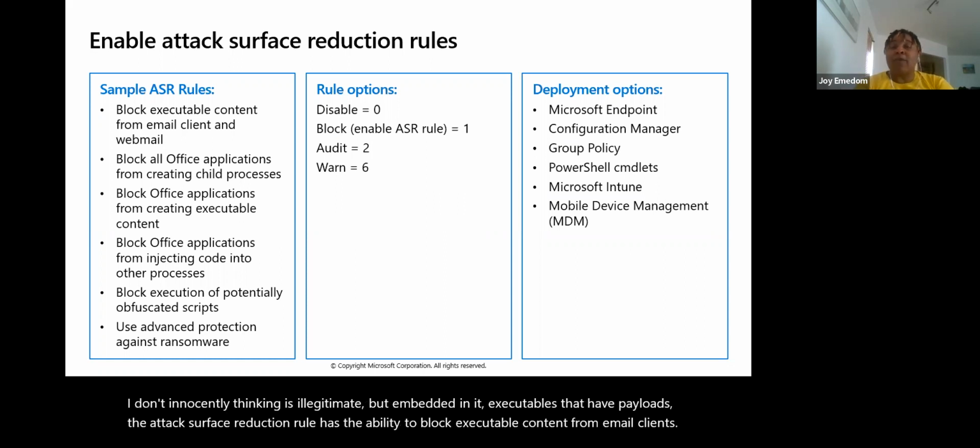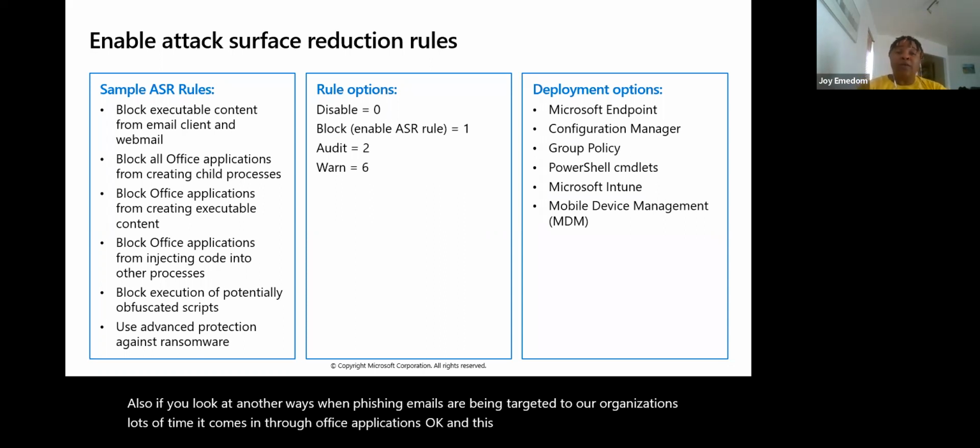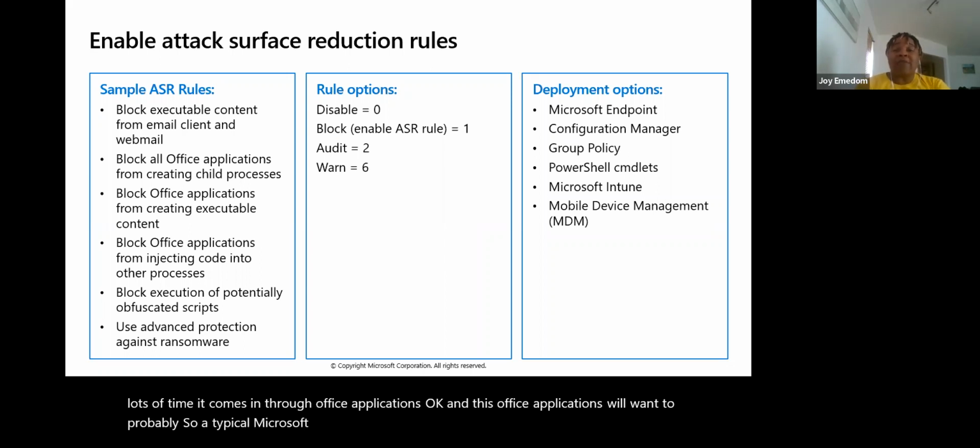Also, if you look at another way phishing emails are targeted to our organizations, a lot of the time it comes in through Office applications. A typical Microsoft Word document would have a payload embedded in it.